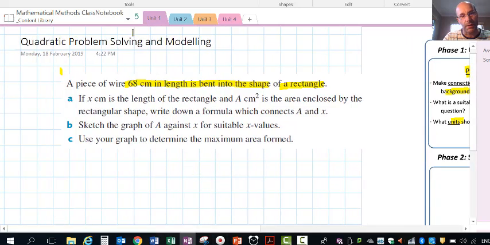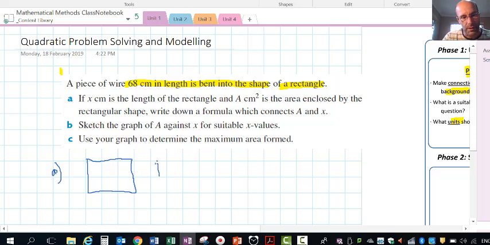So I'm thinking we might be looking at a rectangle with a perimeter, and I'm going to draw a picture of it. Hopefully you'll use a ruler.